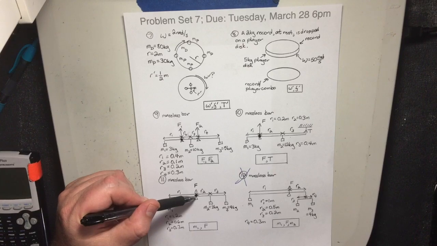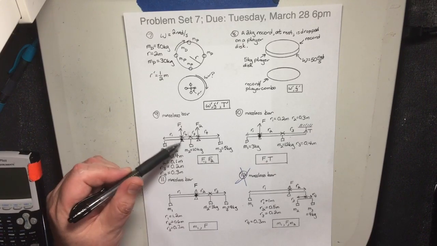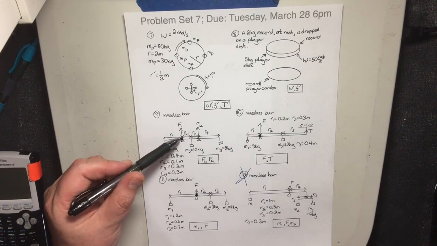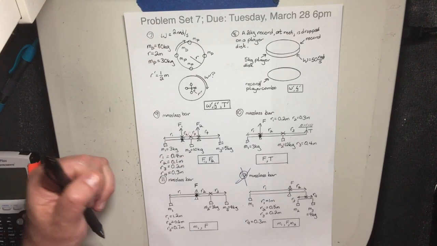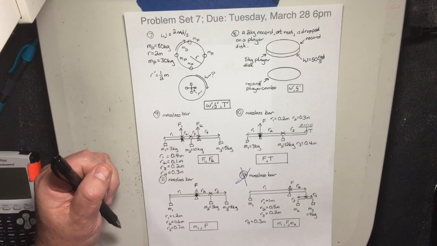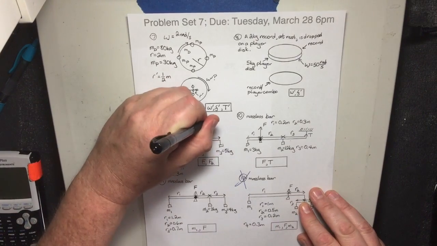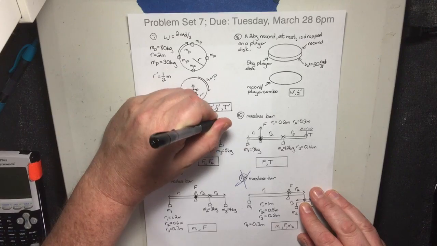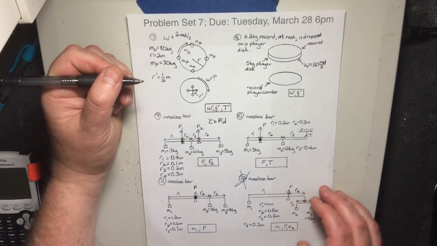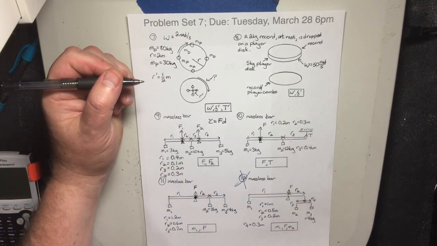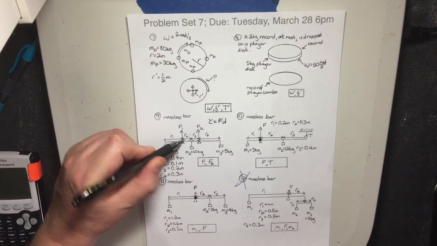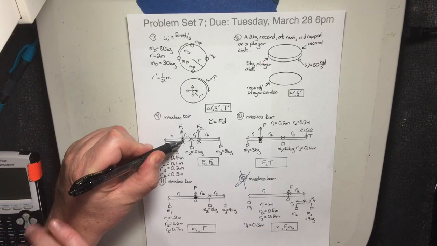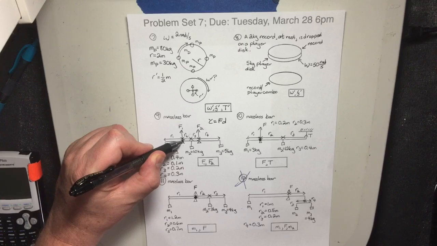By picking a point of rotation exactly where one of the forces exists, you can eliminate that unknown, because torque is the product of two things: the force times the distance from that force to the rotation point. By picking this, the distance from the force to the point is 0, and F times 0 is 0.